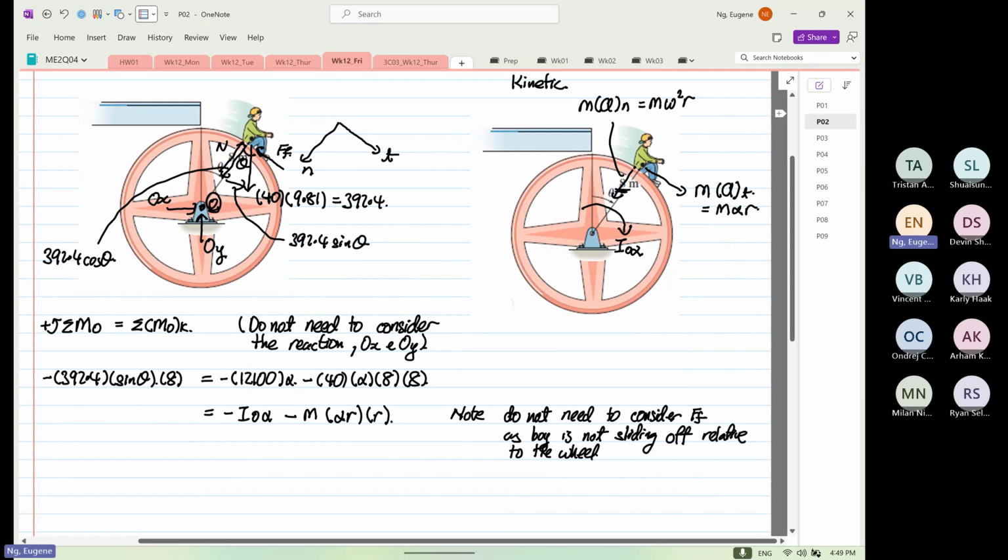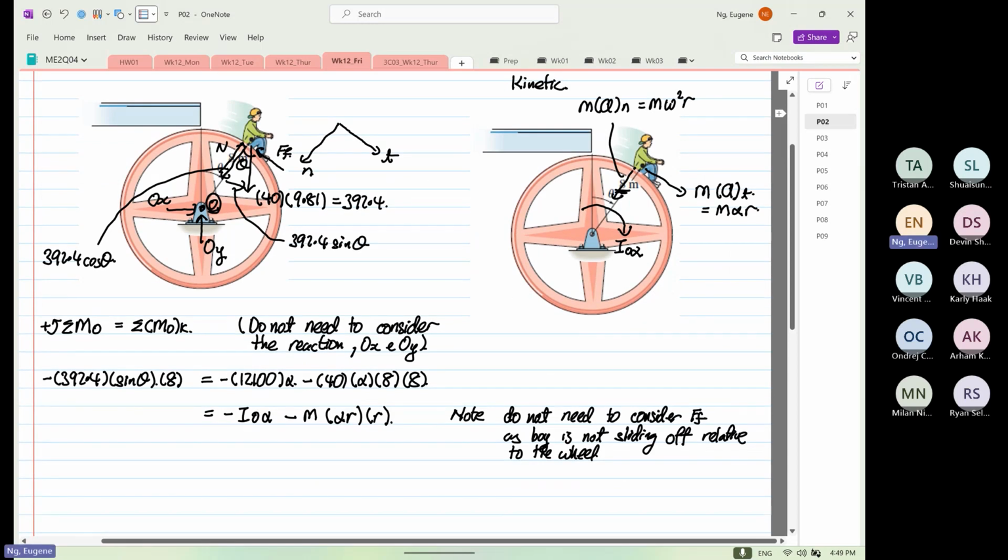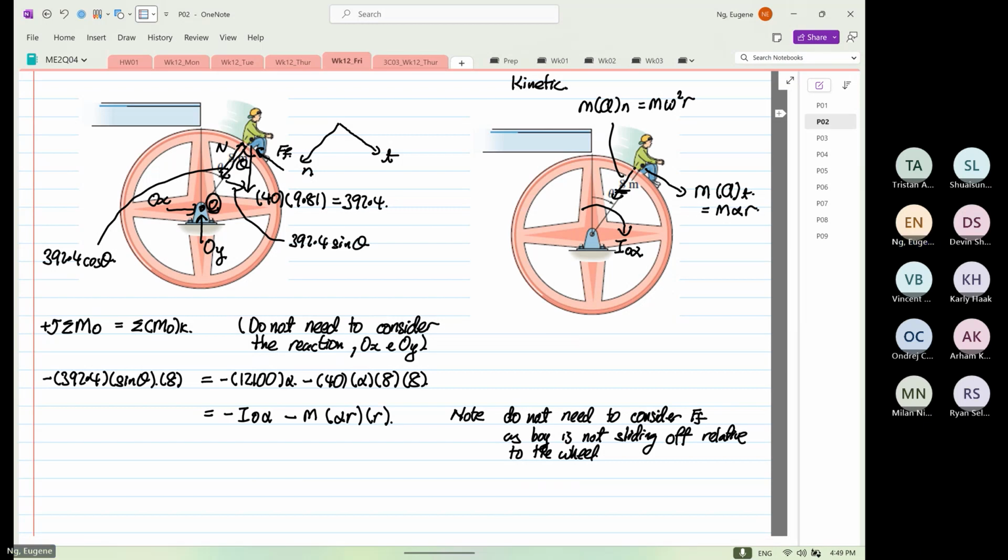So for now, we have a relationship which is equal to 392.4 times 8. So it's equal to 3139. So I get rid of all the negatives. And then this will be equal to 40 times 8 times 8, 14660.